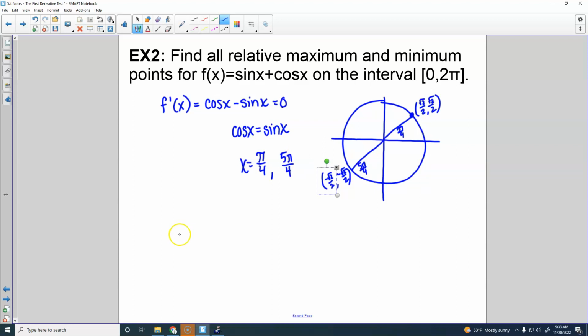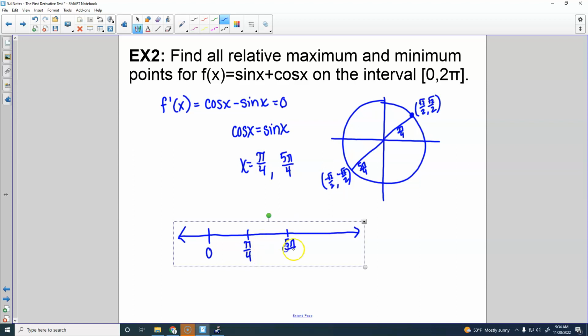So we're going to put those values on our number line, and they gave us an interval to look at here, so from 0 to, we got pi over 4, and we got 5 pi over 4 and 2 pi. This one is asking for relative maximum minimum points. If it were asking us for absolute, we could just plug all of these numbers into the original function.